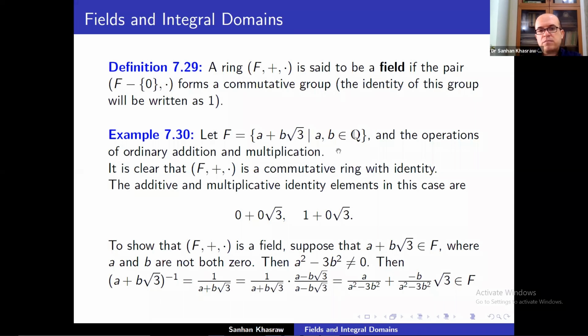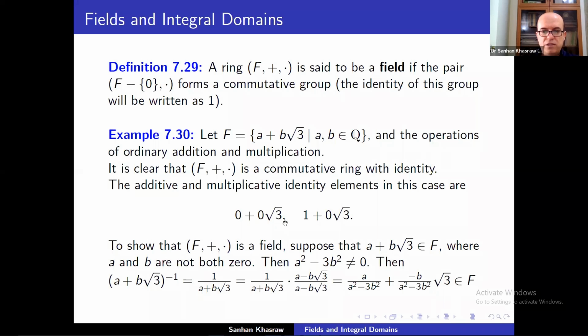I mean, we add similar terms and we use the distributive law to multiply two elements of this form. So this is clear, it is a ring with identity. The identity with respect to multiplication is 1 plus 0 square root of 3, and the identity with respect to addition is 0 plus 0 square root of 3.